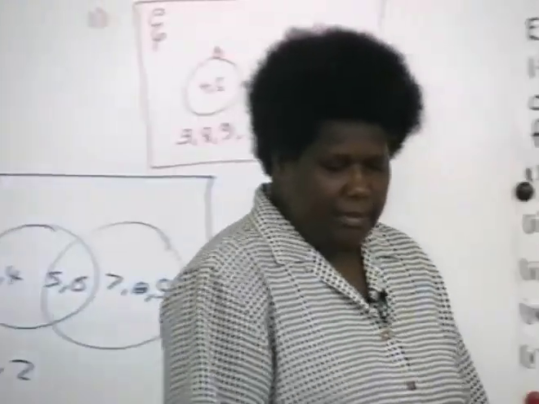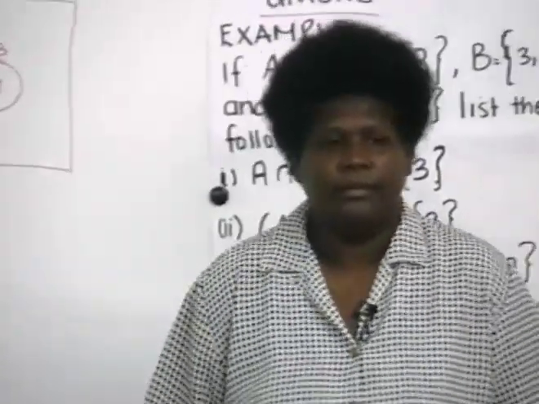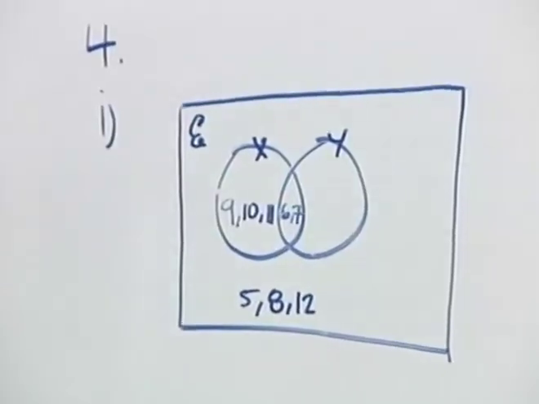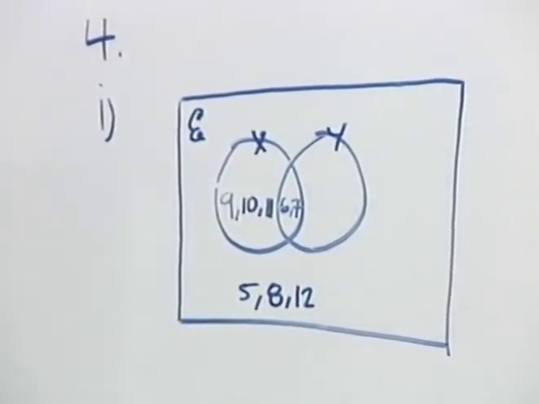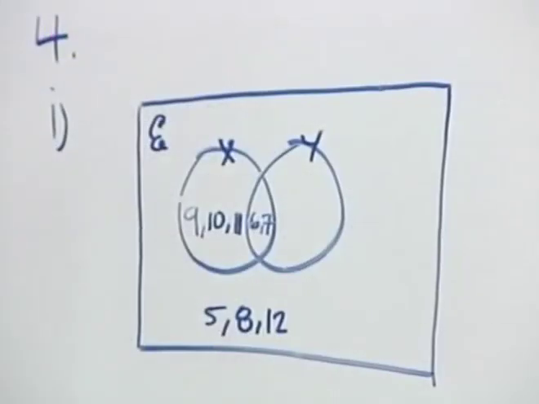All right, does the class agree with the 3 answers on the board? Number 1, is it correct? It says the universal set is the set X such that 5 is less than or equal to X, which is less than or equal to 12. So the universal set is 5, 6, 7, 8, 9, 10, 11, and 12.